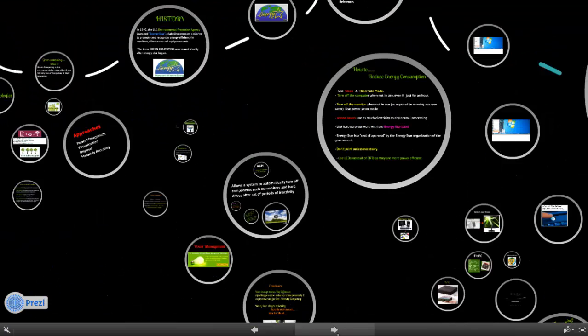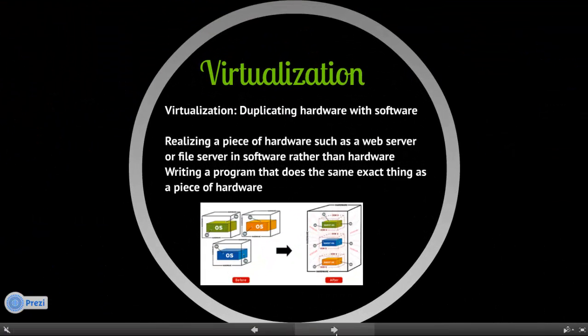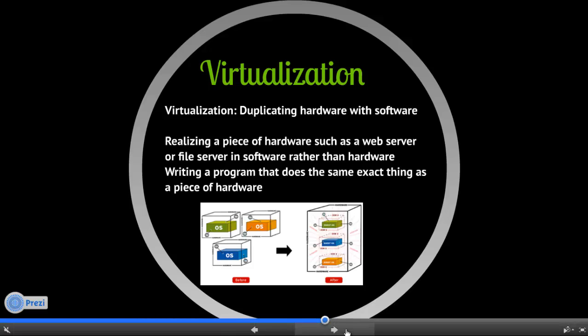Let us go for the next slide. Virtualization. It is the next approach to go green. Virtualization is duplicating the hardware with software. Instead of using more hardware, you can write a program that works exactly how the hardware works.